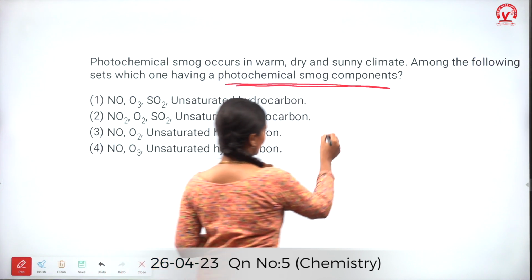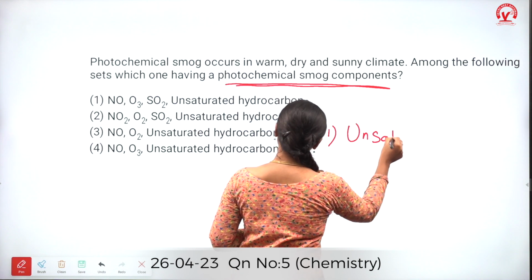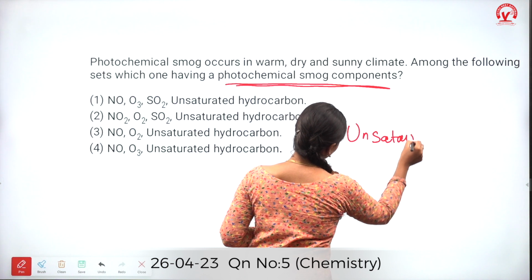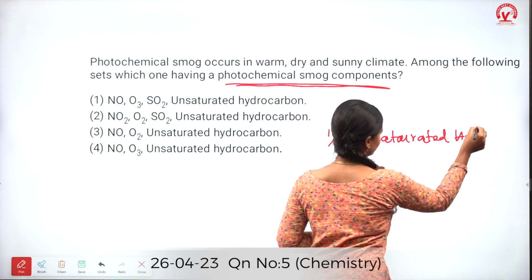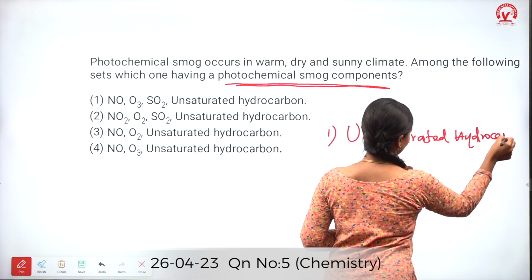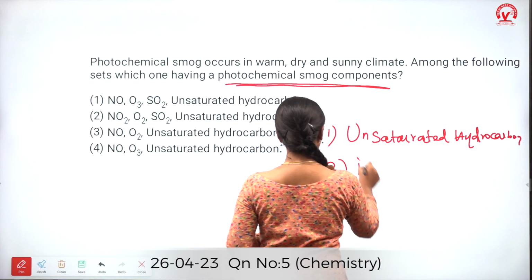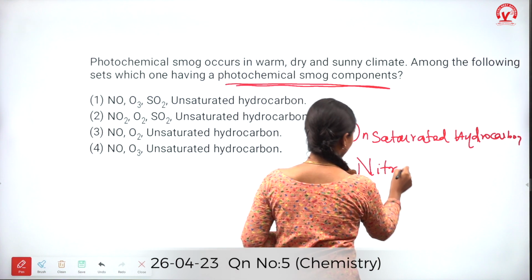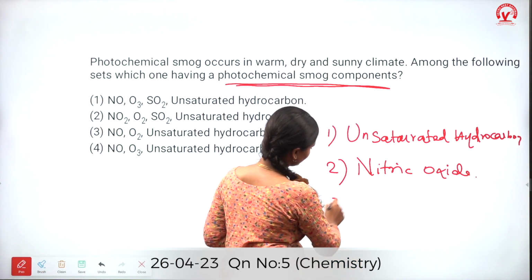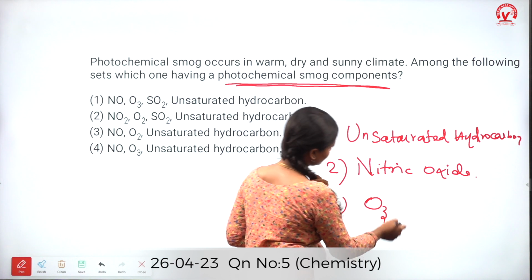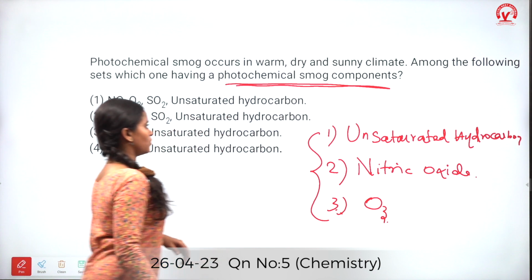The photochemical components are unsaturated hydrocarbon, second nitric oxide, and third one is ozone. These three come under photochemical smog.